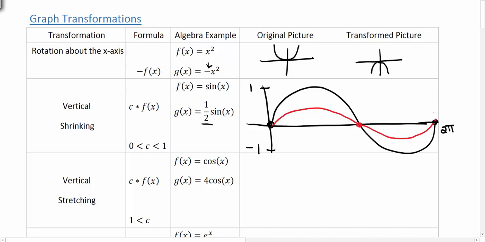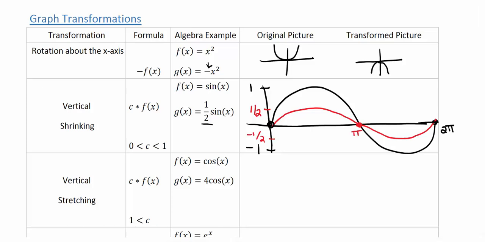Starts at 0, ends at 2 pi, and travels right through pi just like the original did. But now, the maximum height of my graph is half, and the minimum is going to be -1/2. So what happened was every single y value was cut in half, and it still goes to the zeros because half of 0 is 0.